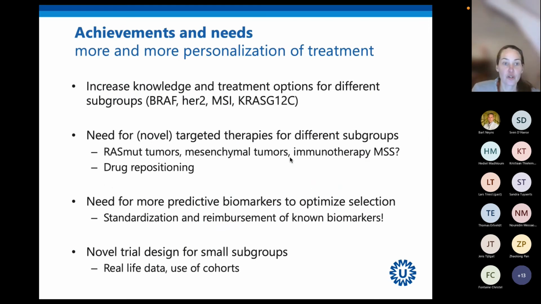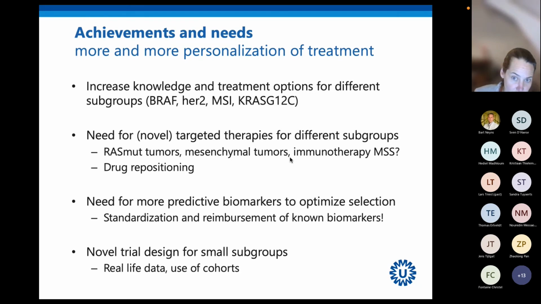So, to conclude my presentation, I think we have achieved already quite a lot in the last years to more and more personalized treatment for patients with colorectal cancer. We have increased knowledge and increased treatment options for quite some important subgroups, so mainly BRAF mutations, HER2, MSI, and the KRAS G12C are very important treatable subgroups.